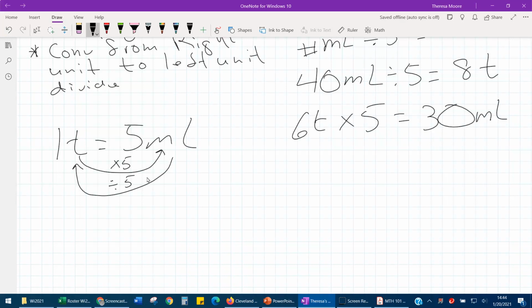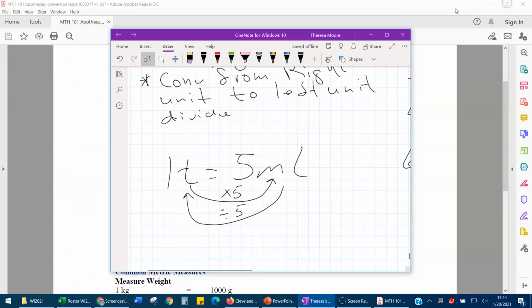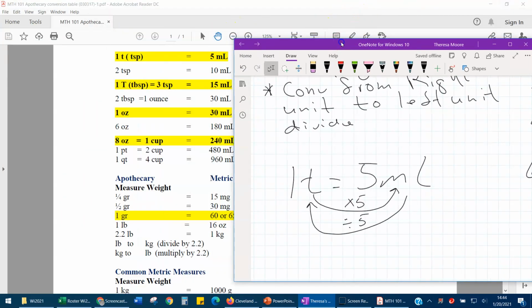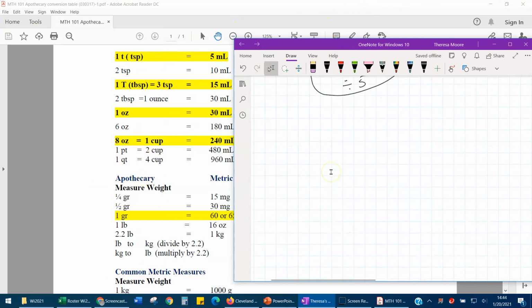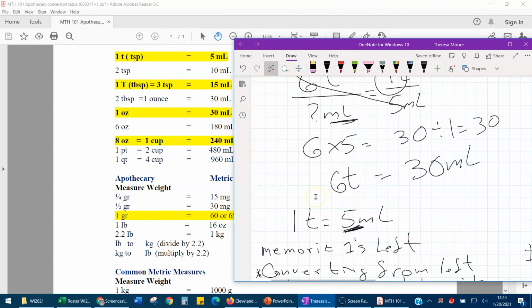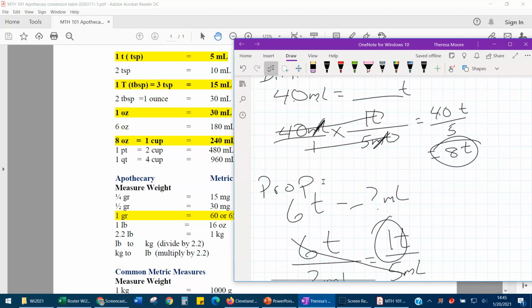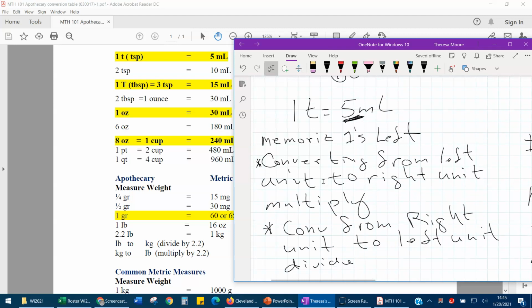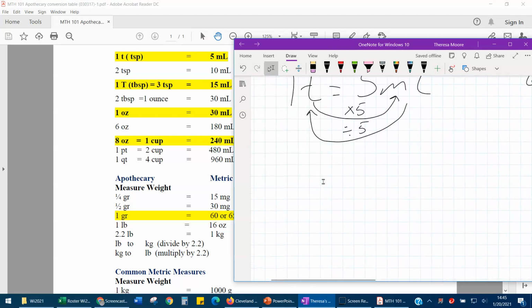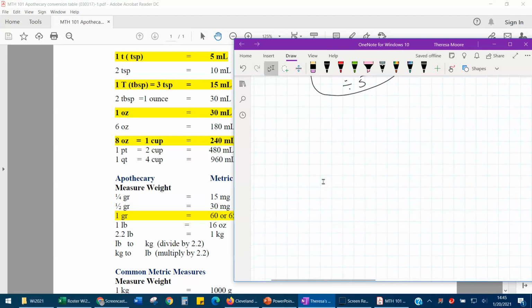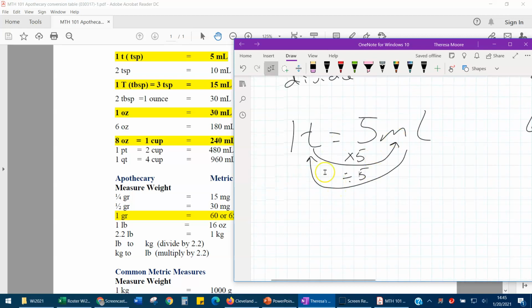And it works for all of those as long as you memorize your ones on the left. Each one of these again produces 2 conversion factors. You can use dimensional analysis, you can use proportion method, or the multiply divide method, which is actually just a shortcut of your proportion method.